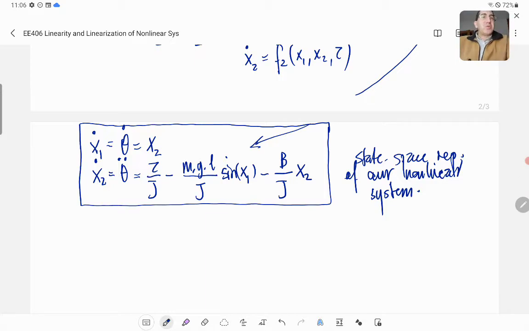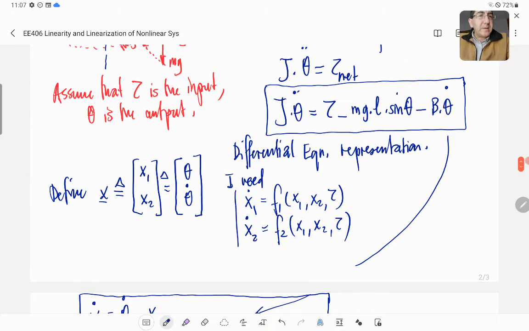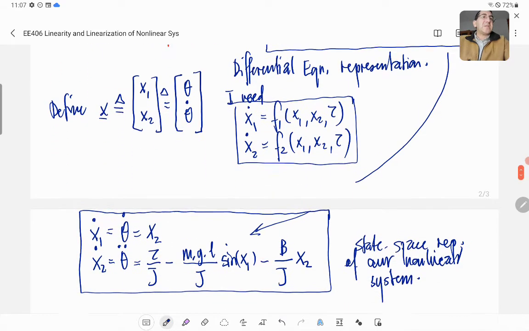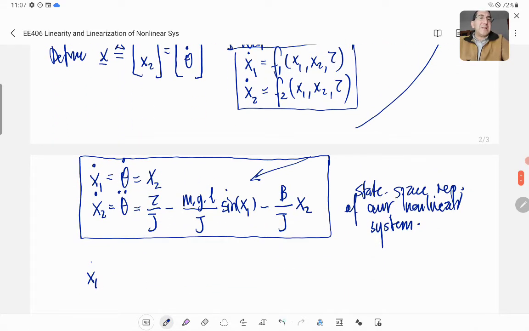Now, we cannot put at this point this state space representation into a vector matrix representation. And this is a common mistake. If the system is nonlinear, there is no point in trying to put it into x dot equals Ax plus Bu form. We can only put it into this form, no further. You don't need to put it into a vector matrix representation because the system is not linear.